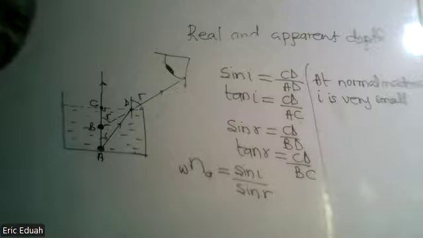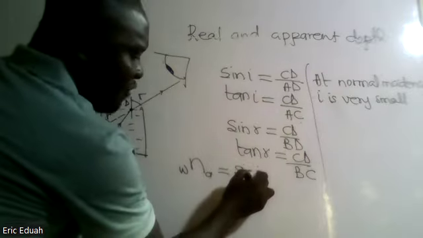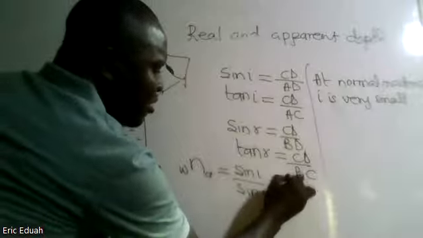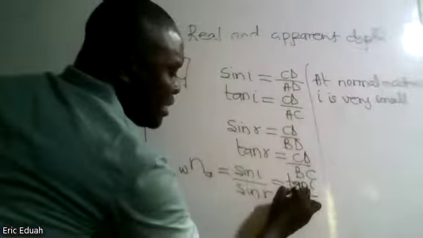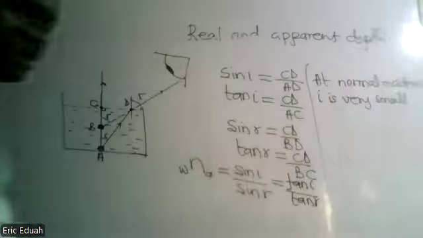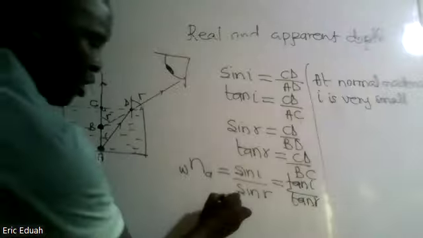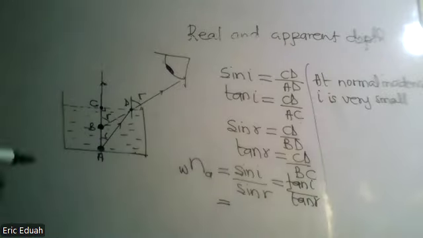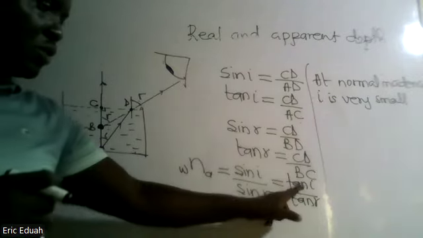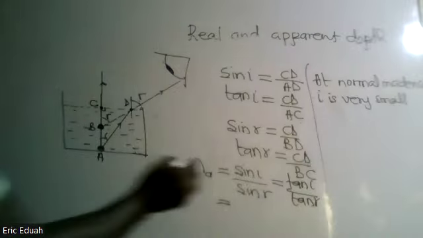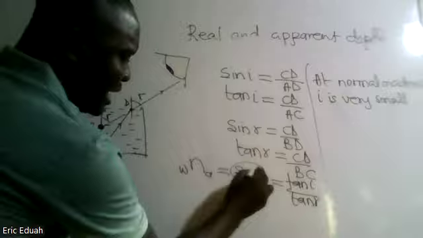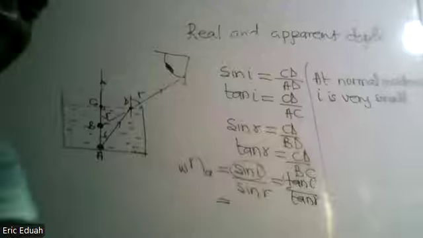So at normal incidence, sine of I is just equal to tan of I, and sine of R would also be equal to tan of R. At very small angles, sine I is just equal to tan I, and sine R is equal to tan R. So instead of sine I, we would rather pick tan I and tan R because that will help us get the expression we are looking for.